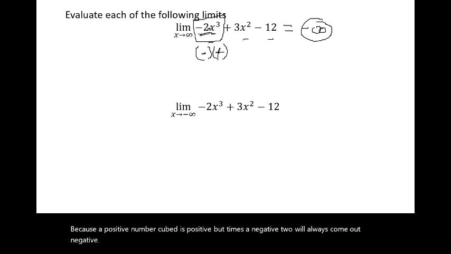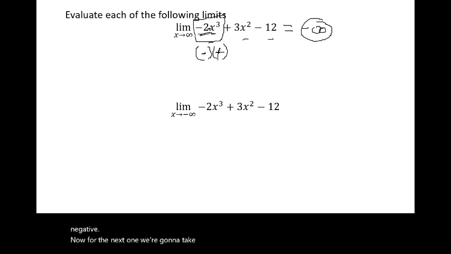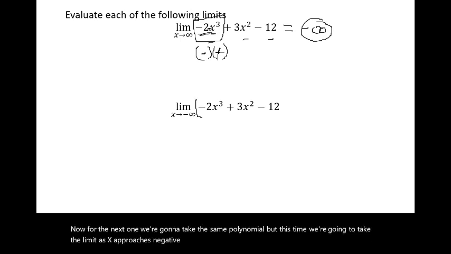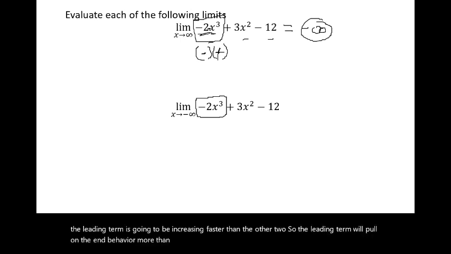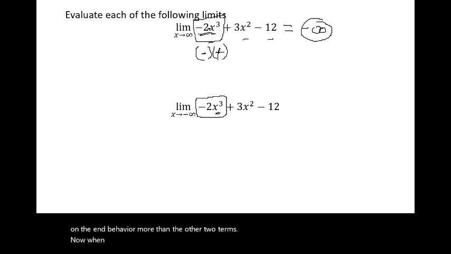Now for the next one, we're going to take the same polynomial, but this time we're going to take the limit as x approaches negative infinity. So again, as x grows larger and larger in magnitude, the leading term is going to be increasing faster than the other two. So the leading term will pull on the end behavior more than the other two terms. Now when you take a negative number and you cube it, a negative number cubed is negative.